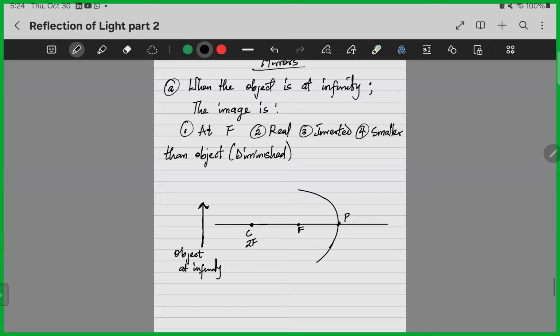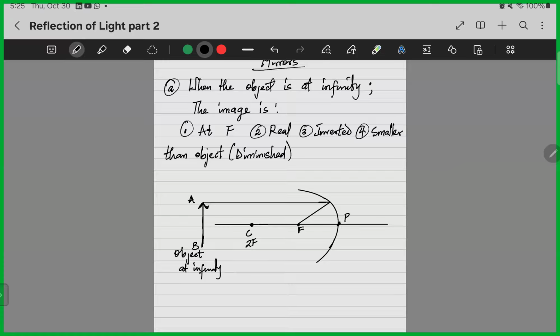What I will do is trace it. Let me call it object AB. I'm going to trace it to hit the mirror. Then, of course, you know that when it hits the mirror like that, it bounces to this point.